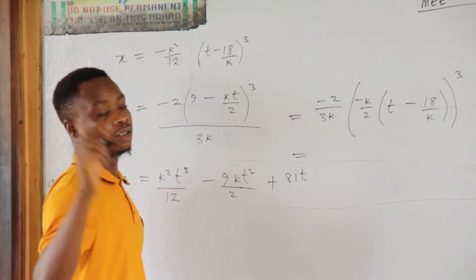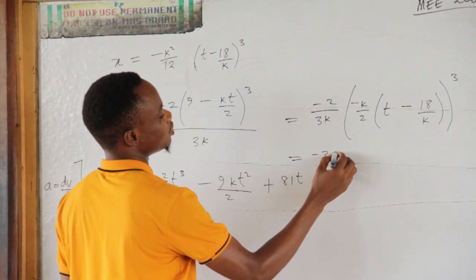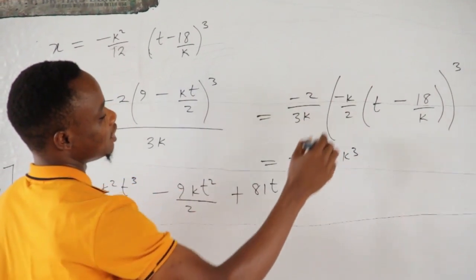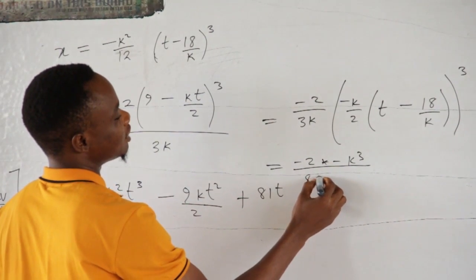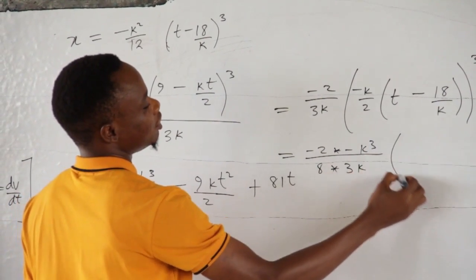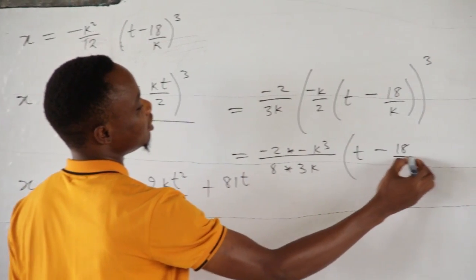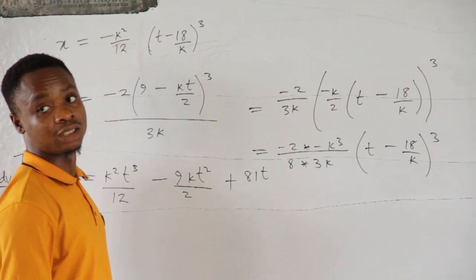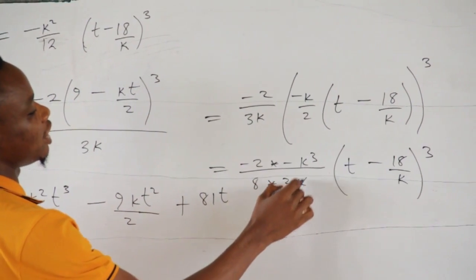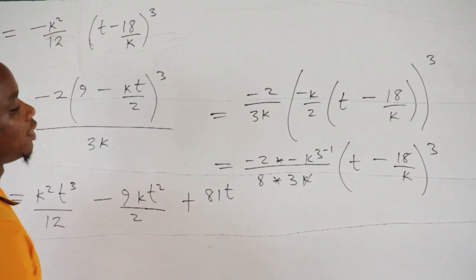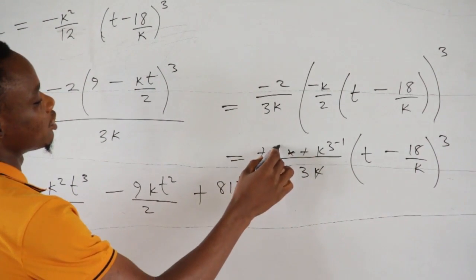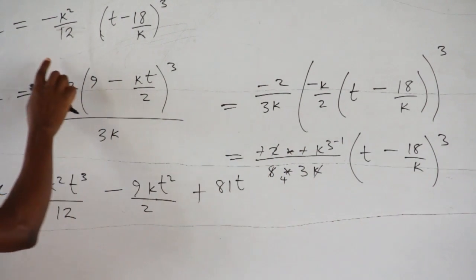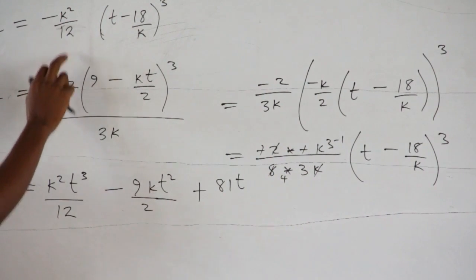So that's minus 2 multiplied by minus k cubed, then 2 raised to the power 3 is 8, divided by 8, multiplied by 3k into t minus 18 over k raised to the power 3. Each k we cancel one of these, this minus cancels this minus, and 2 here will be 4. So what I have here will be k squared over 12.